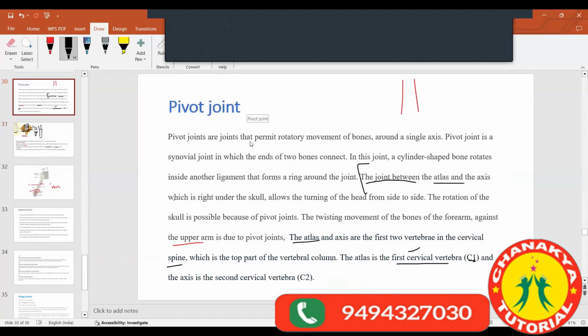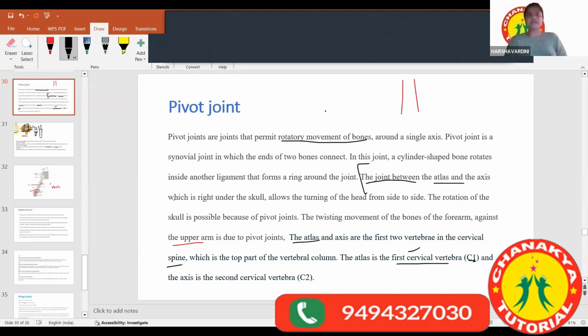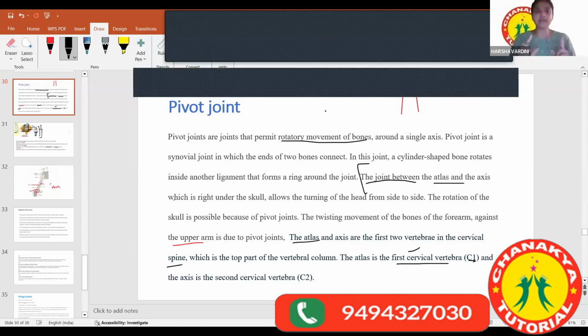Pivot joints are the joints that permit rotatory movements of bones. I hope you can see me, guys, right? So Adya, the pivot joint is here, from the vertical column, ending on the hip side.